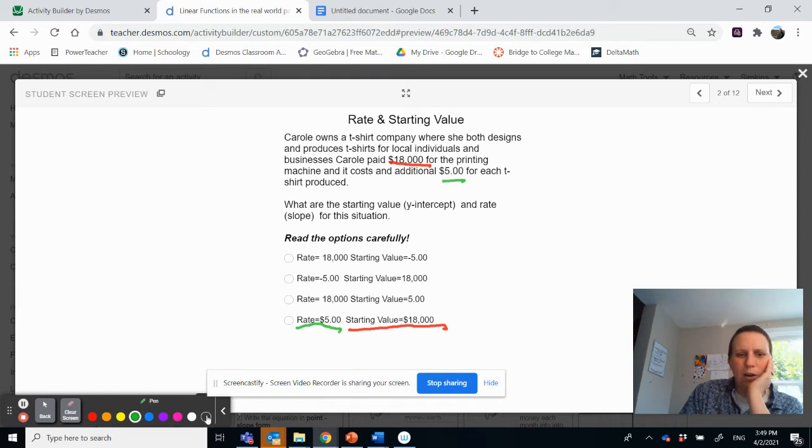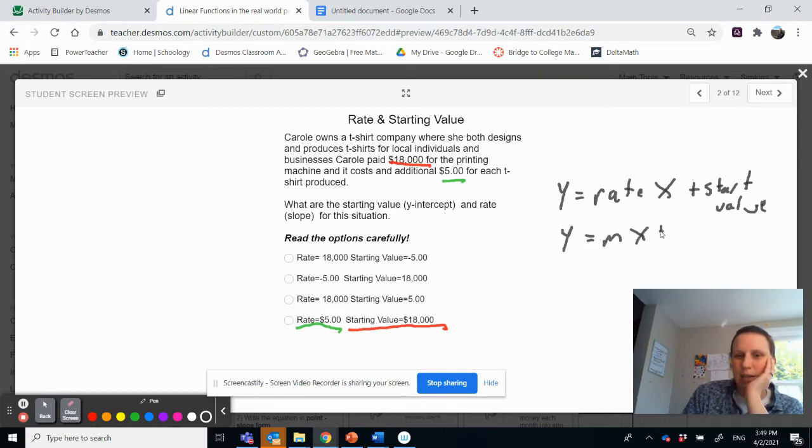Because when we write our equation, it's going to be y equals rate times x plus start value. And another way as mathematicians that we write that is y equals mx plus b.